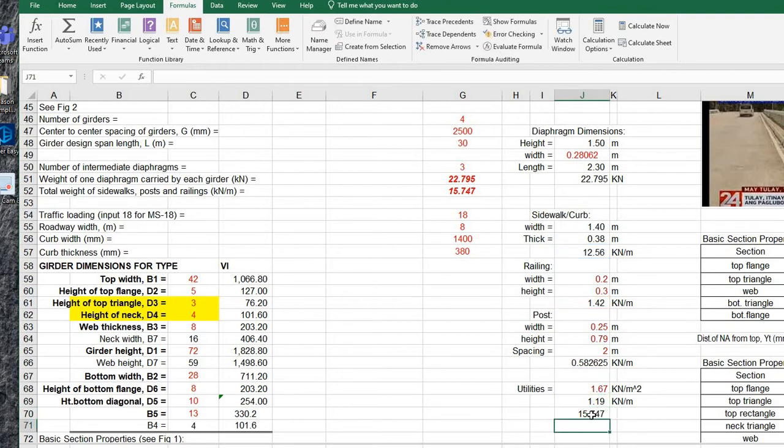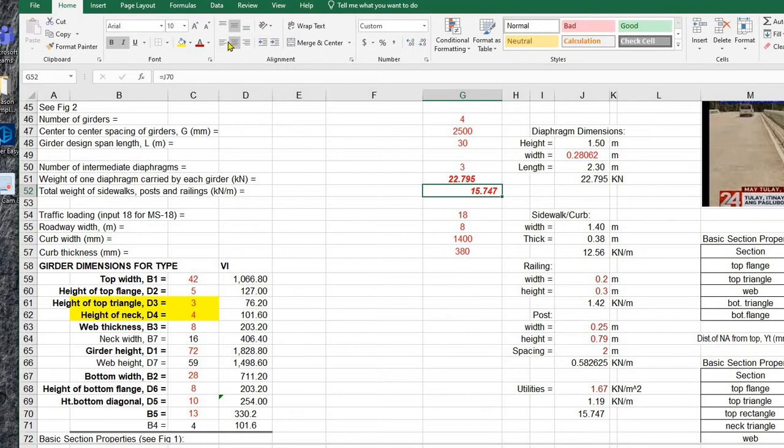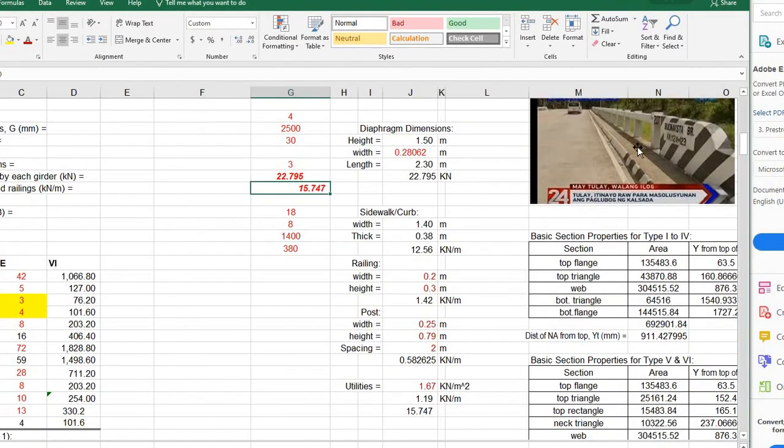So 15.747. Yan yung nilagay natin dyan. Okay? So pwede ko ng equal sign and then yan. So I'm just showing you na hindi ka basta-basta maglalagay ng numbers dyan. Magde-depend yan sa mga dimensions ng mga structure mo.